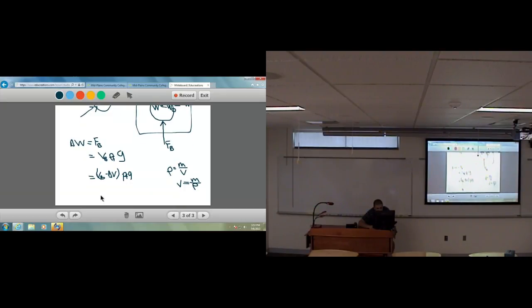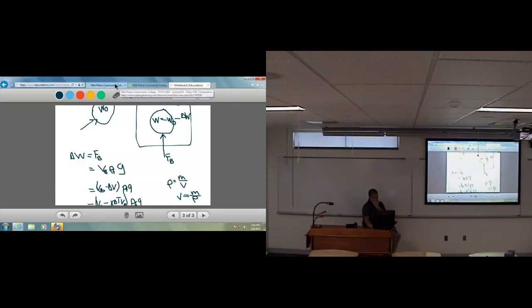Now this delta V can be calculated using our equation: instead of delta V, it's gamma times delta T times the original volume of the body. That's multiplied by the formaldehyde density and gravity, and that'll tell us our buoyant force, right?